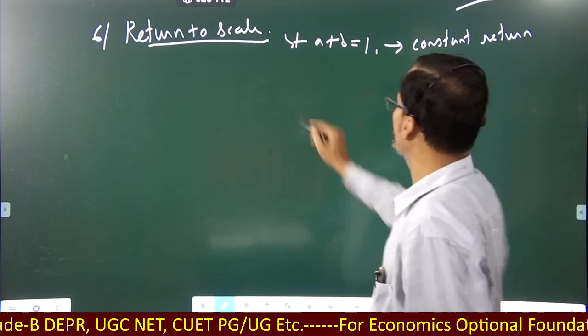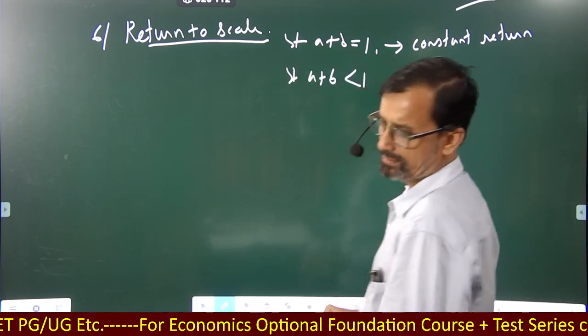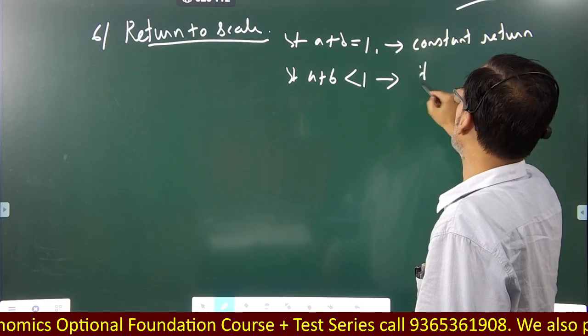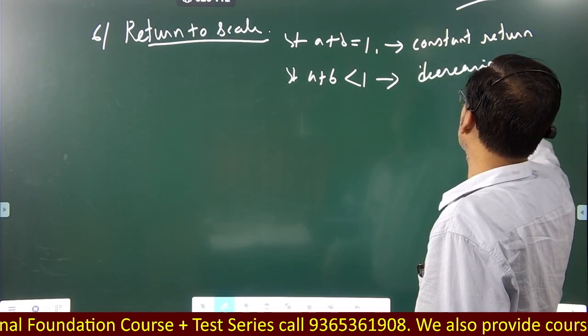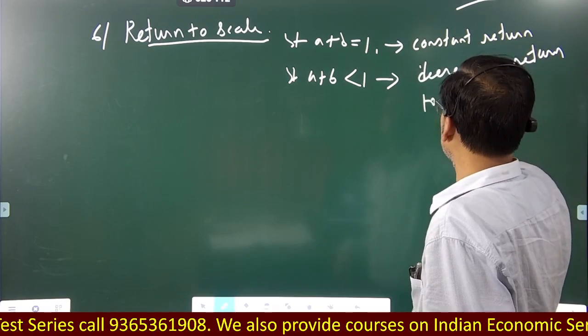If A plus B is less than 1, then it is decreasing return to inputs.